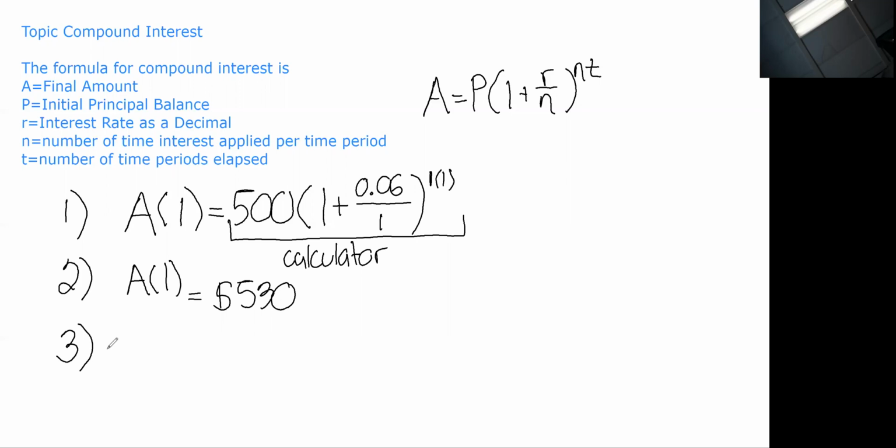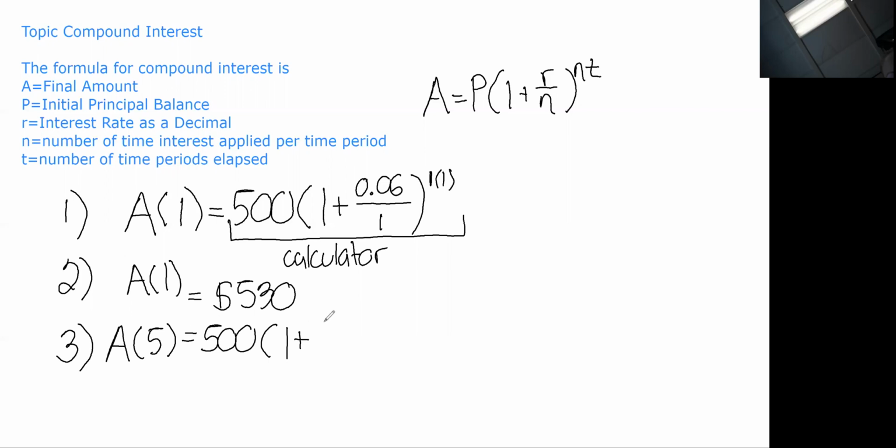Okay, how much money will be in Helen's savings account at the end of 5 years? So now we want A of 5. Our initial principal balance is still 500 times the quantity of 1 plus the interest rate as a decimal.